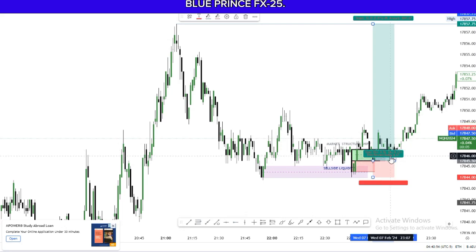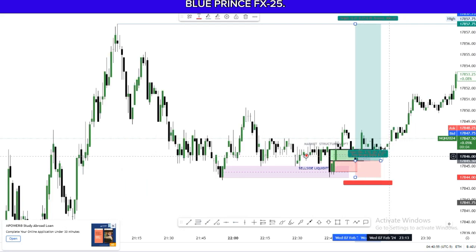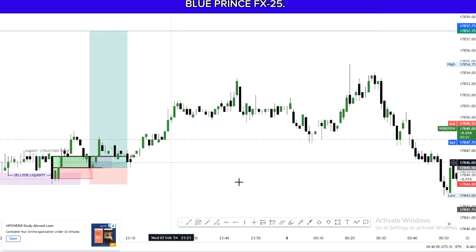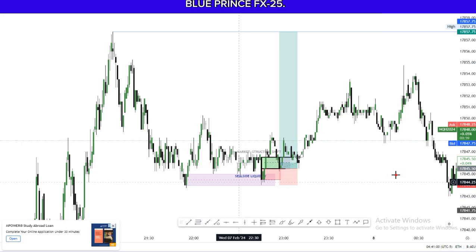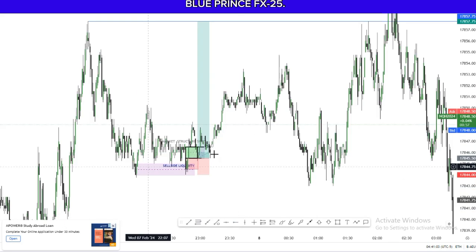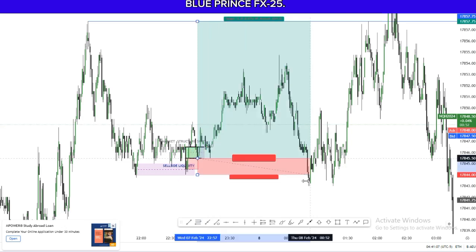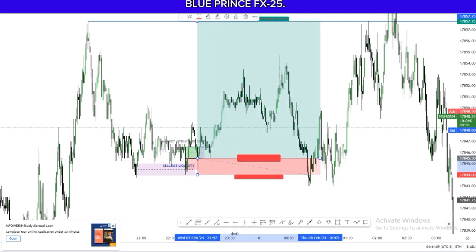So let's see if the market went to that high. The market hit your stop loss here, but the good thing is, when you're managing your risk, above every high you must take your partial. So above this high, you took your first partial and moved your stop loss to break even.